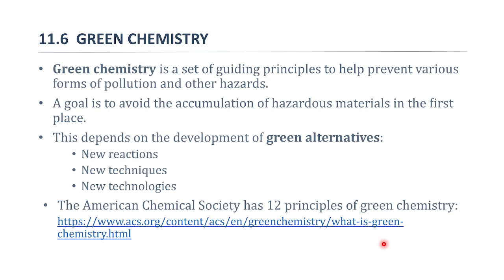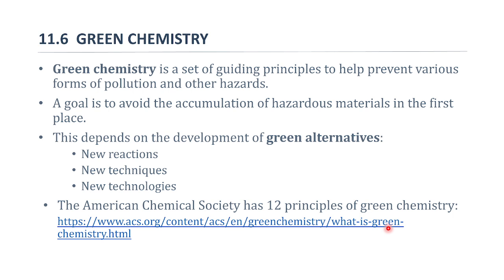These are guiding principles to help prevent various forms of pollution and other hazards. The goal is actually to avoid accumulation of hazardous materials in the first place. This can depend on development of green alternatives, which can involve new reactions, new techniques, new technology. The American Chemical Society has 12 principles of green chemistry. They're located right there.